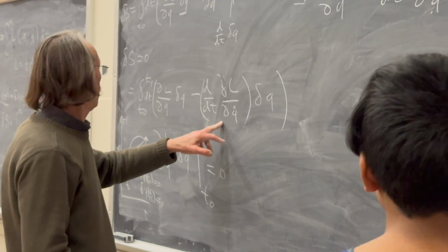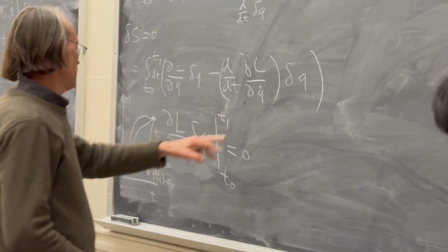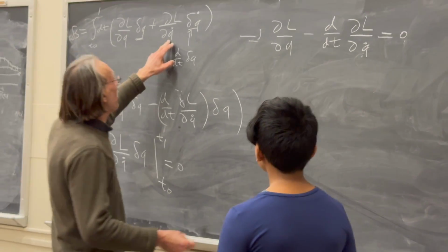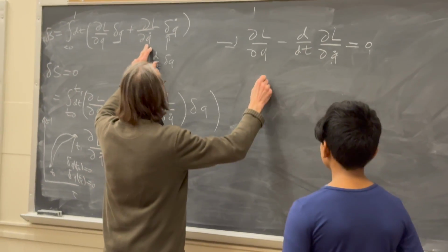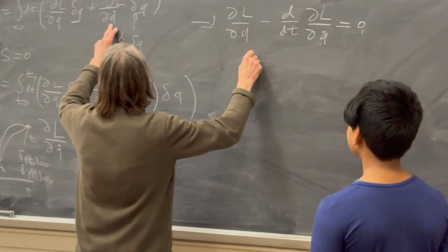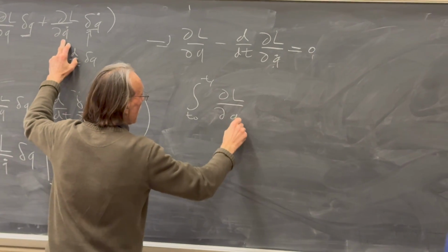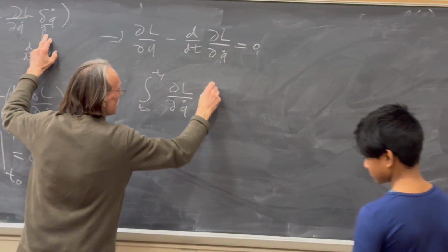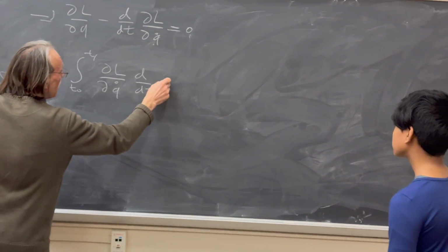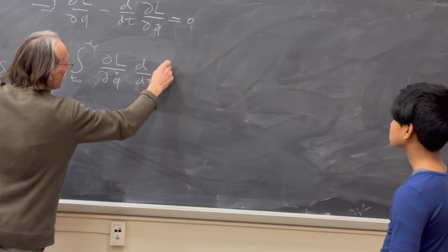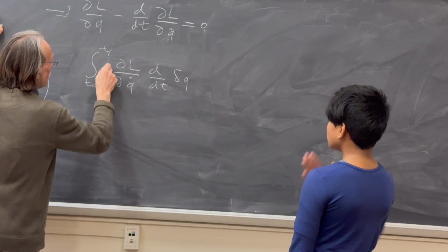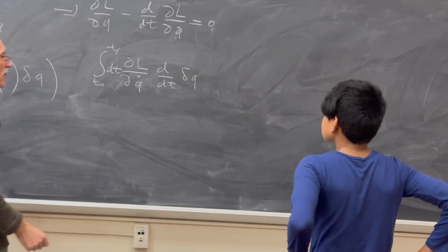So we had this expression, the integral from t0 to t1 of dL/dq naught times d/dt of delta q dt.